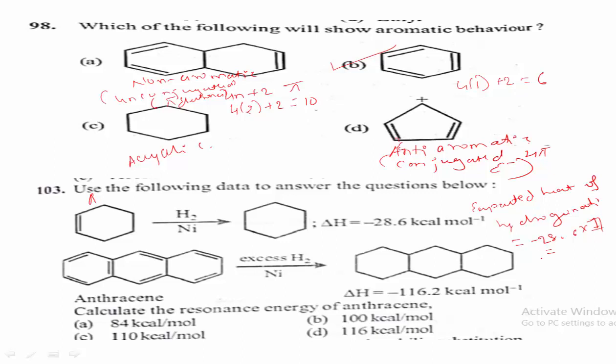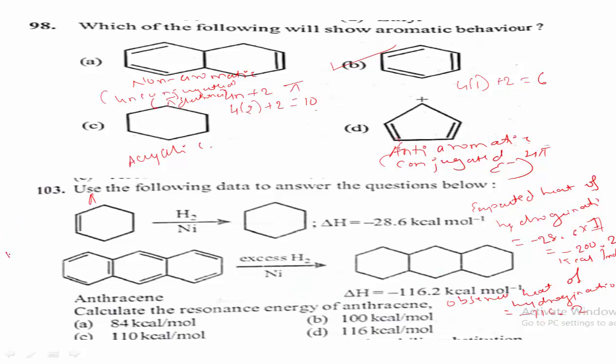Which is equal to minus 200.2 kilocalorie per mole. But the observed heat of hydrogenation is equal to, they gave, minus 116.2.